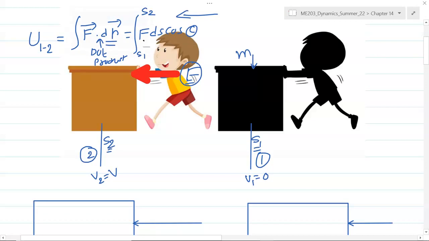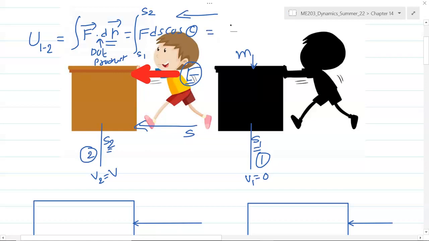So work done by force is force multiplied by displacement multiplied by cosine of angle between the force vector and the displacement vector. In this case, the displacement vector is horizontal, and so is the force vector. So the angle between them is 0.